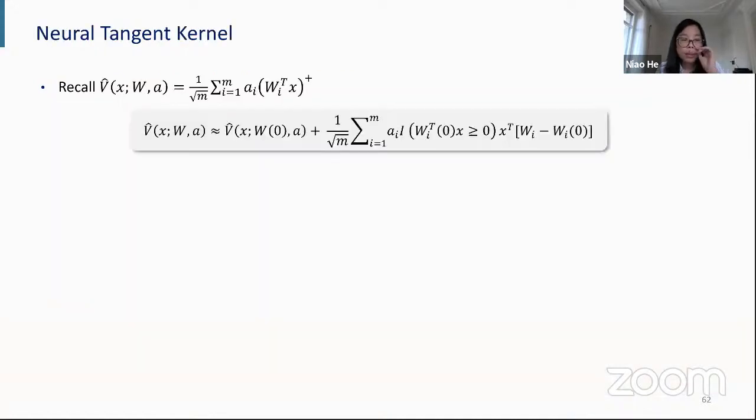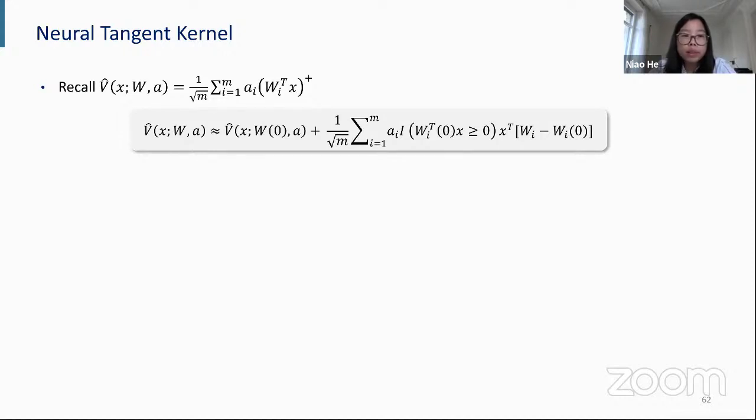Before that, I will give you a quick motivation of what is the so-called neural tangent kernel that was extensively studied in recent years in deep learning theory. If you look at this value function, which is represented by this two-layer neural network, you can use a first-order Taylor expansion.